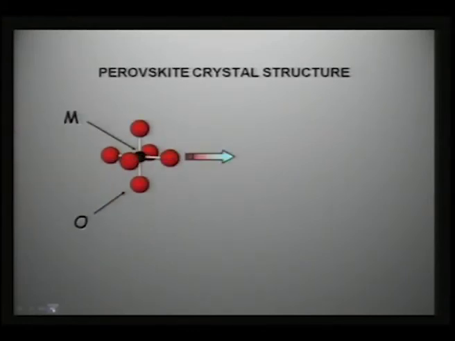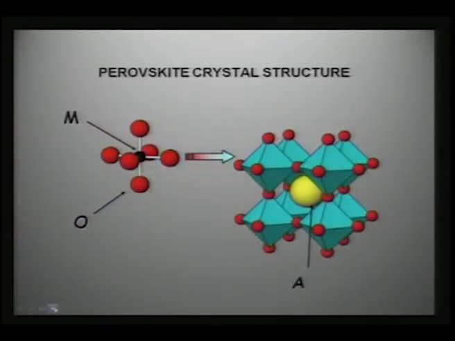The next important class of compounds which takes our attention in solid state synthesis is the perovskite crystal structure. This again comes from MO6 octahedra, and these MO6 octahedra form corner-shared polyhedra.